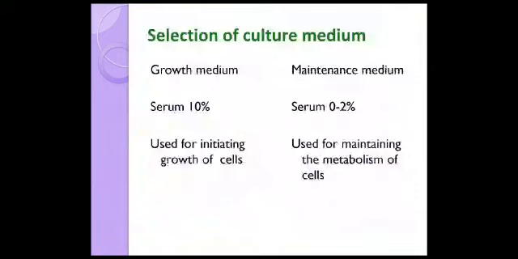The culture medium which is used is of two types, either the growth media or the maintenance media. The growth media contains 10% serum, and the maintenance media contains about 2% serum. Growth media is used for initiating growth of the cell, whereas the maintenance media is for maintenance of the metabolism of the cell.